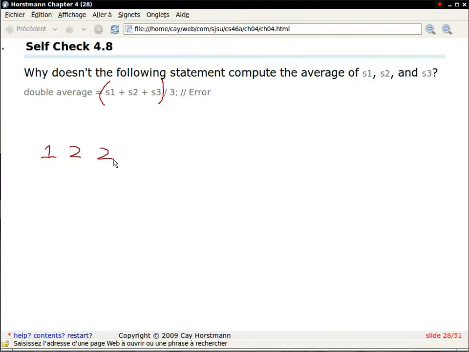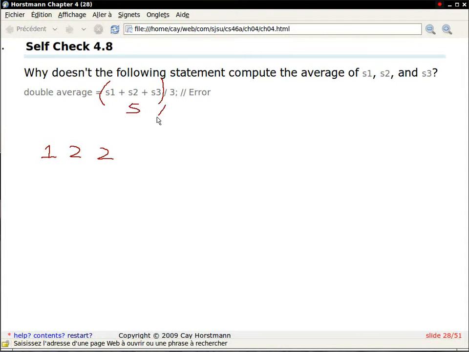What's the average? It can't be exactly 2, right? What's the average? 1.67, right?